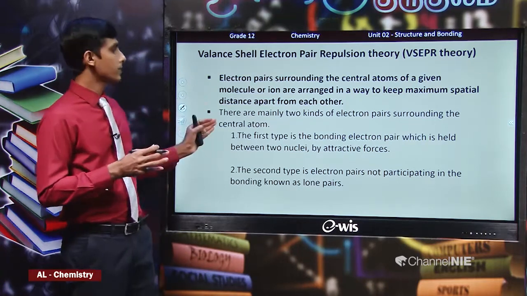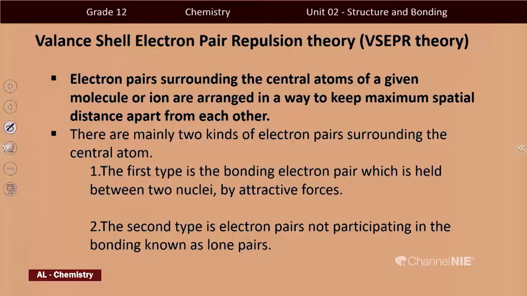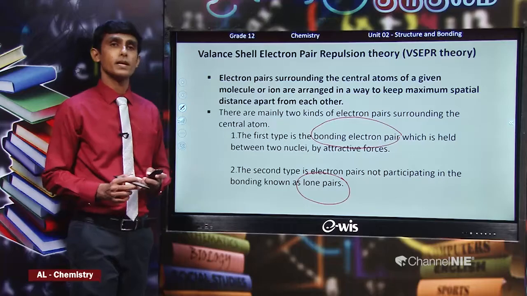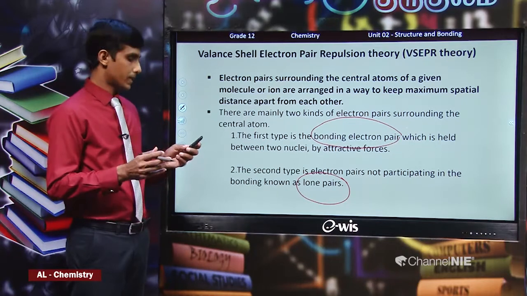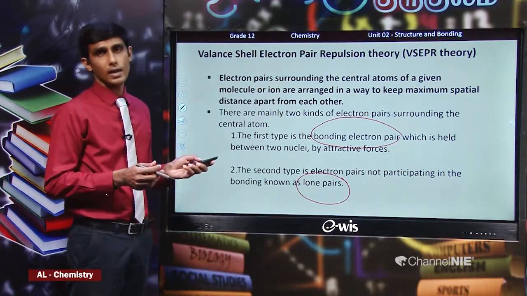Now, besides bonding electron pairs, we can also identify non-bonding electron pairs, not participating in bonding, which are called lone pairs. So bond pairs as well as lone pairs are the two types of electron pairs we can identify around a particular atom in a molecule or ion.